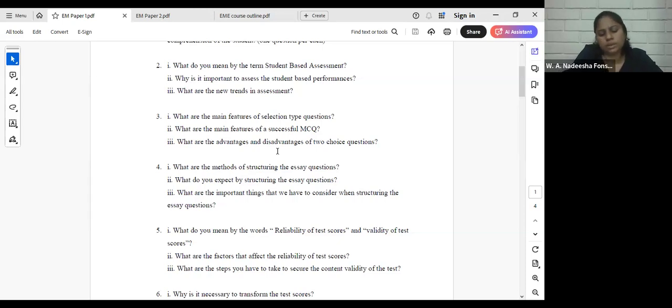When structuring them, especially we have to consider the marks, allocated marks, total marks, and if we structure it by parts, we have to allocate the marks definitely.